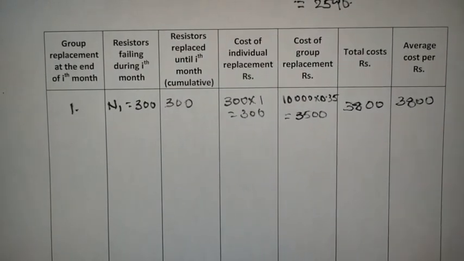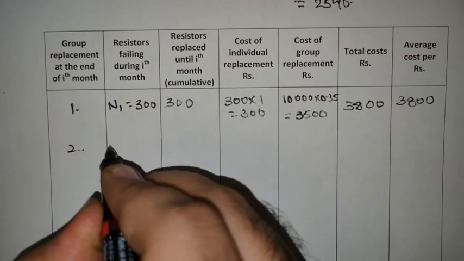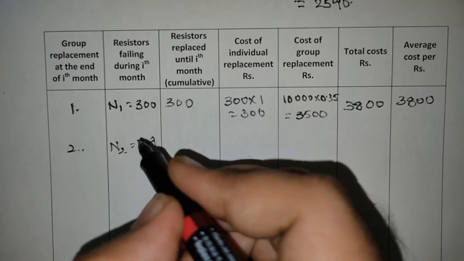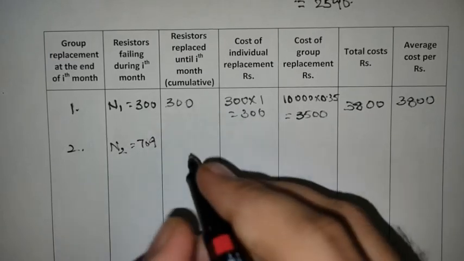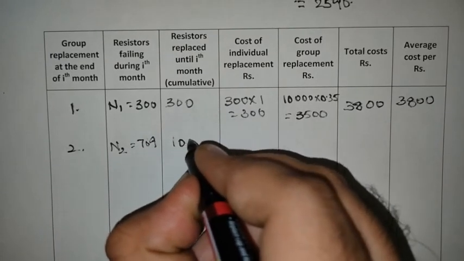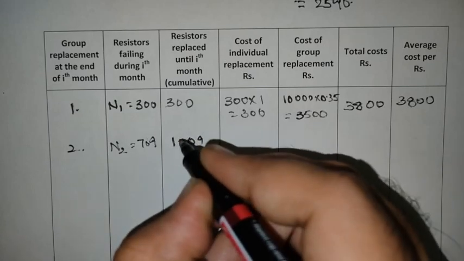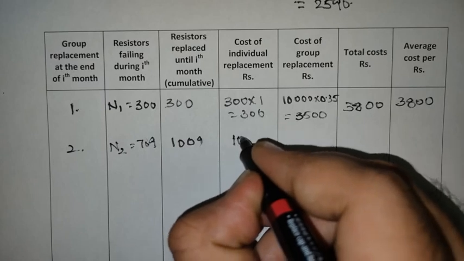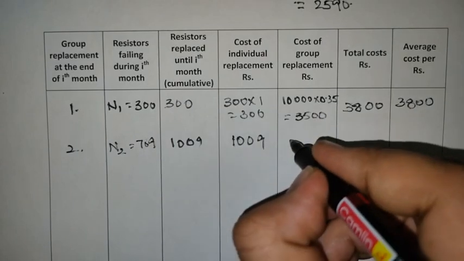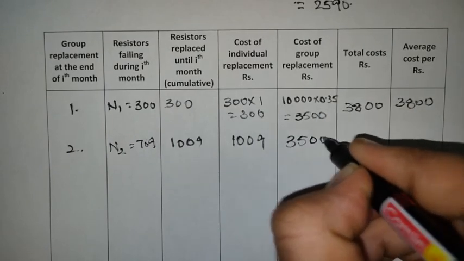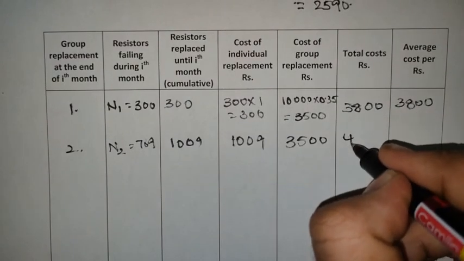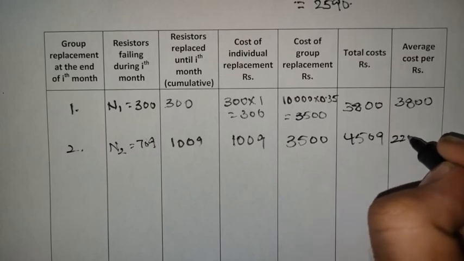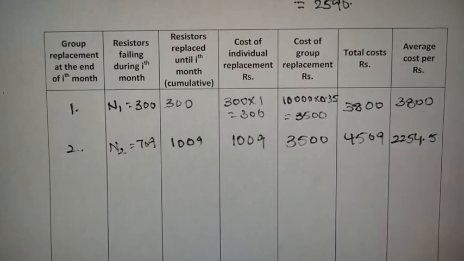So similarly we will calculate for N2, it is 709, and up to cumulative we will get 1009. Cost of individual replacement 1009, group replacement 3,500, total cost 4509, average cost 2254.5.